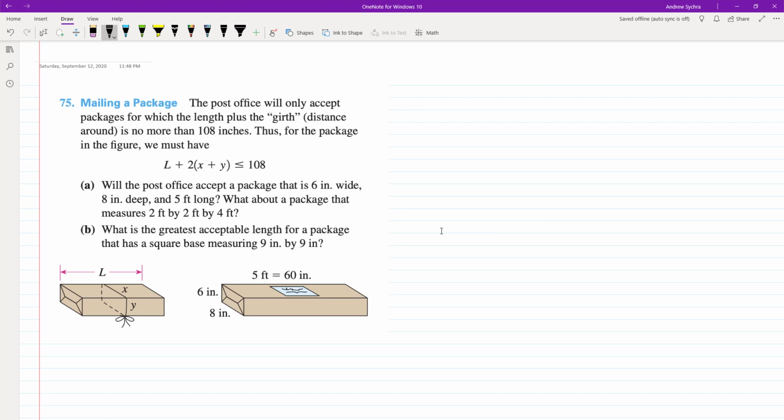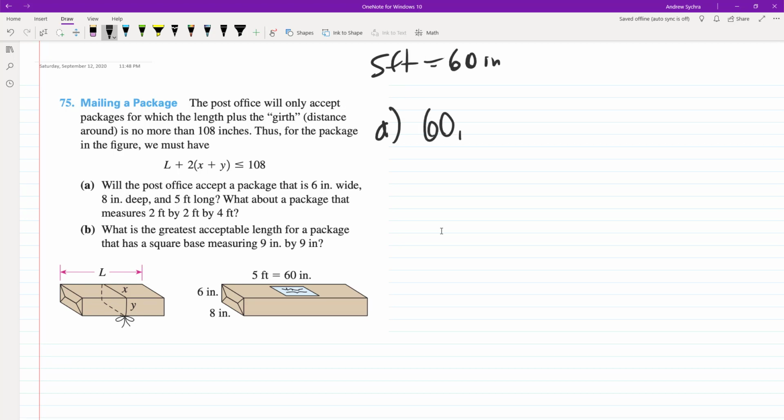All right, so all you have to do here is you just plug and play. So for part A, this is just going to be 5 feet. So 5 feet converted is 60 inches.